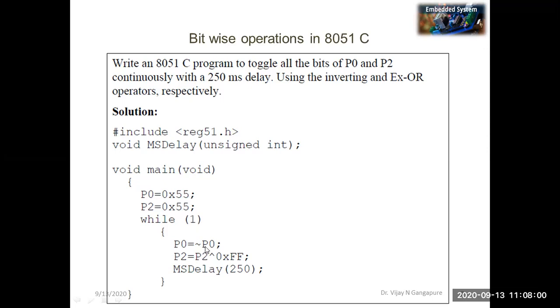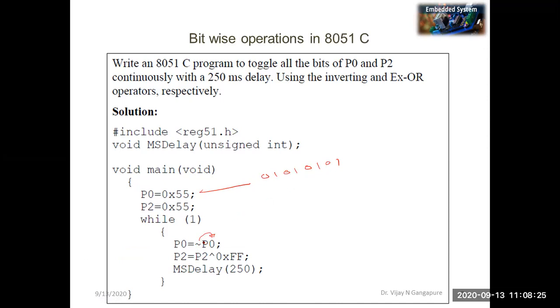We will get AA, because what is 55, now see here, 55 is 01010101. So after this inversion operation on port 0, what is in port 0, 55 means 01010101.